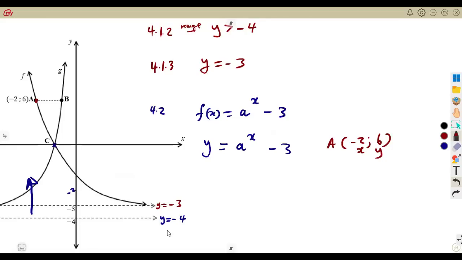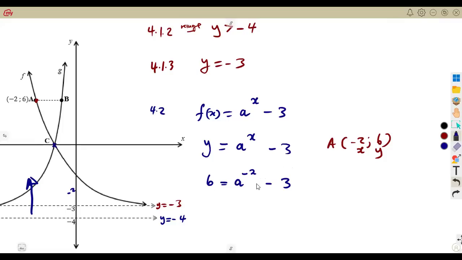A point which is found on the graph satisfies the condition of the graph, so in place of y we substitute 6, and in place of x we put -2. So y is 6, where our x is -2. This is -3, there's no substitution there.